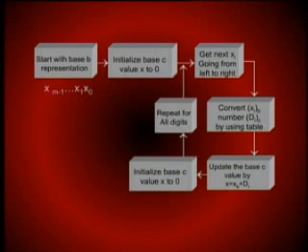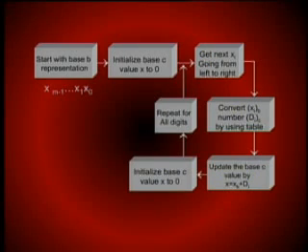We have to start with a number represented in base b, and we write it with coefficients x0, x1 up to xm minus 1. That means there are m positions for representing this number.